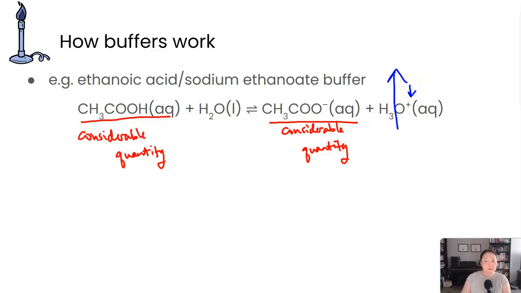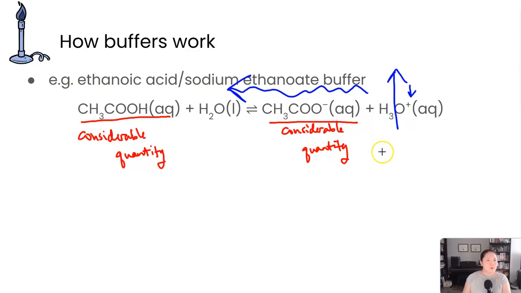So the system is going to move to decrease that increased hydronium ion concentration. And to do that, the equilibrium is going to shift to the left.